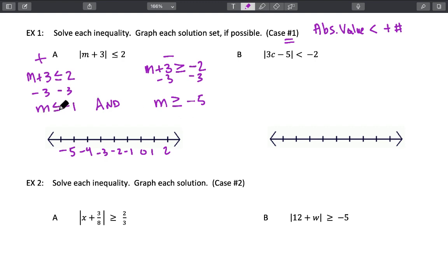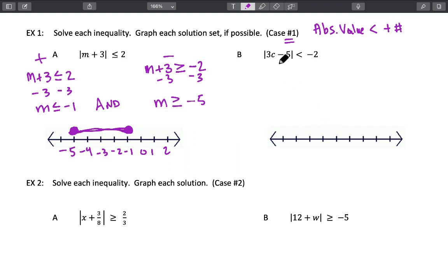We want all of the m's less than or equal to -1, so here's a closed circle at -1. And all the m's greater than or equal to -5, so it's going to go all the way over to -5 with a closed circle at -5. And everything in between will be a solution to this inequality.